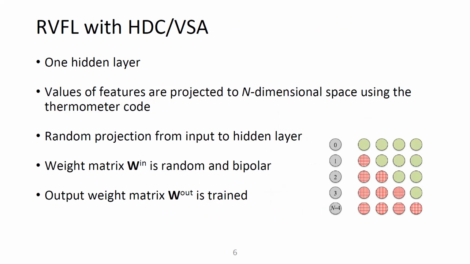The values of the features will be projected into a hyperdimensional space using the thermometer code. And the random projection will be from input to the hidden layer, so the fixed connections. The weight matrix of this fixed connection will be random and bipolar. And the output matrix instead will be trained. This is just an example of a thermometer code with n equal to 4.